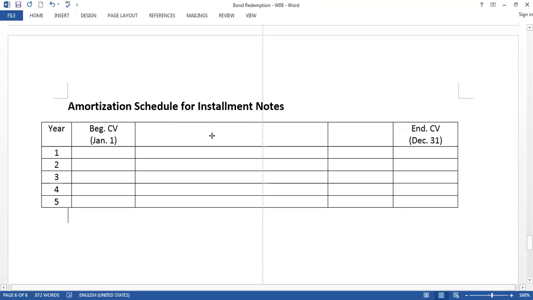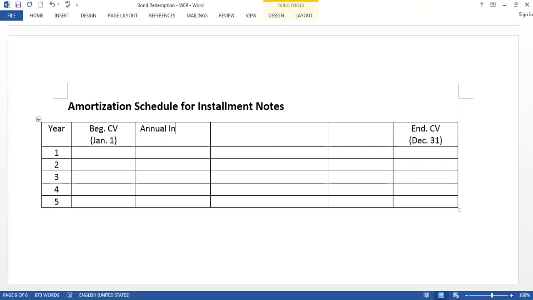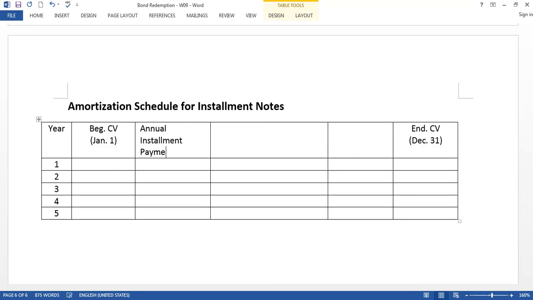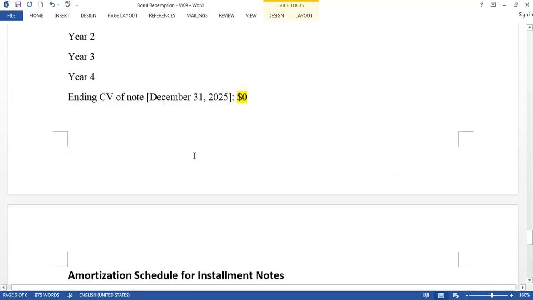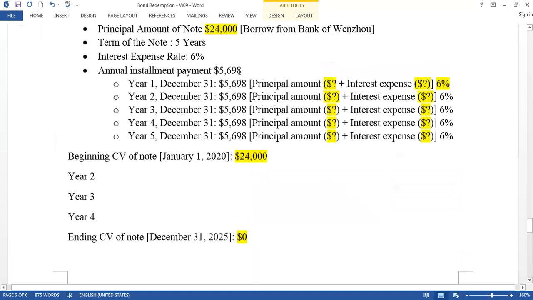Then this is called annual installment payment. The annual installment payment is given in the question. I can copy it here.